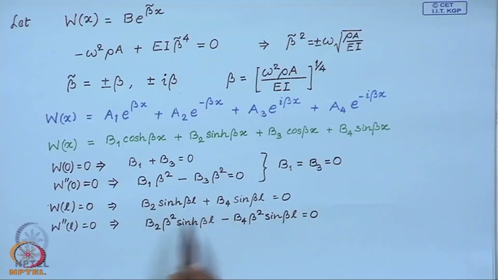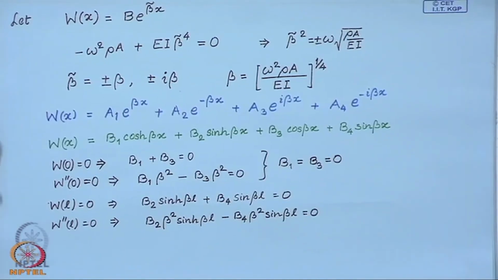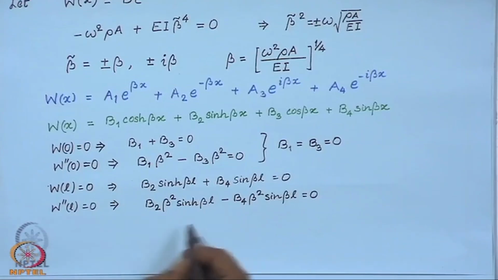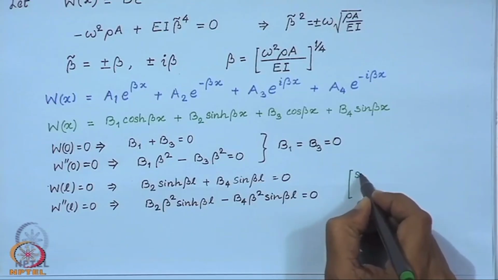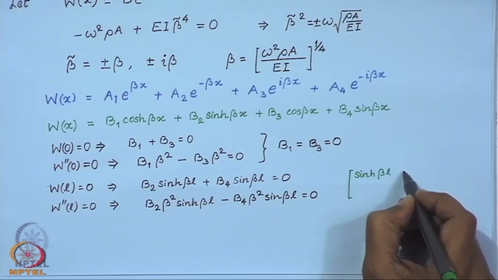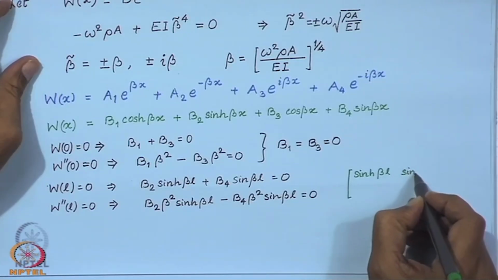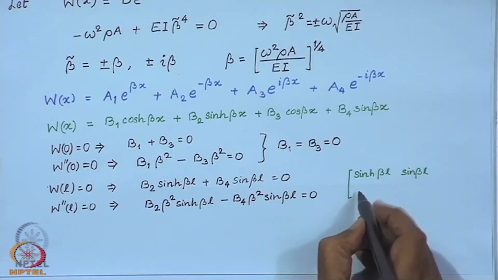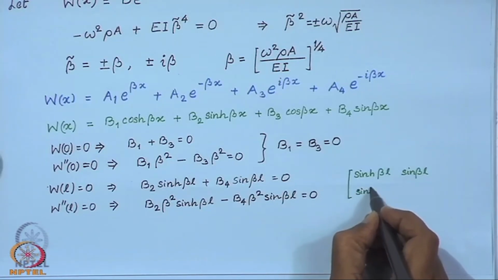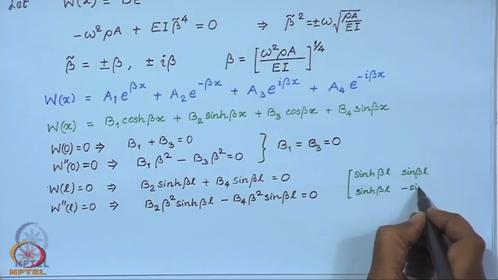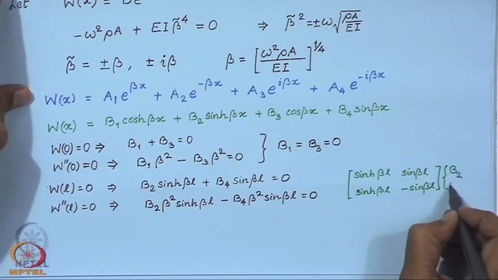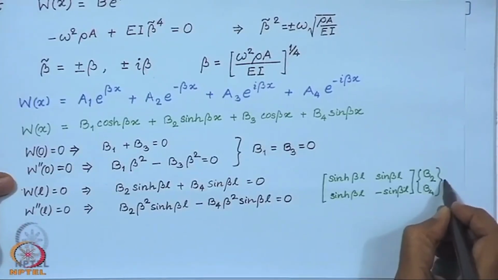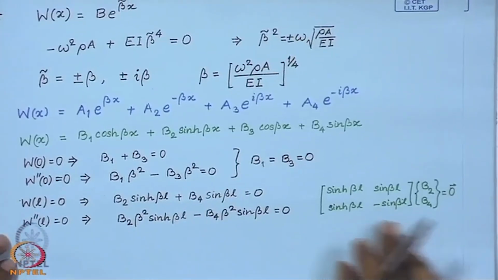And if we want to have non-trivial solutions of b2 and b4, I can write this. So, this is what we have.